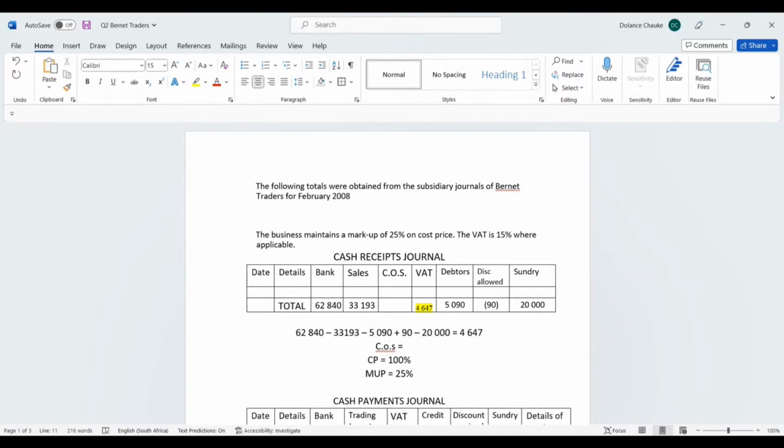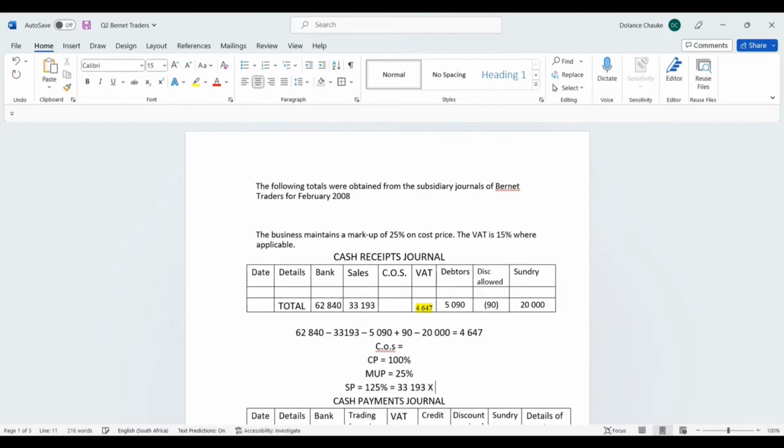And then our selling price or our sales is equal to 125%. That's markup on cost. When they say calculate markup on cost price, you do that. So now, in this case, they gave us our sales, which is 33,193.